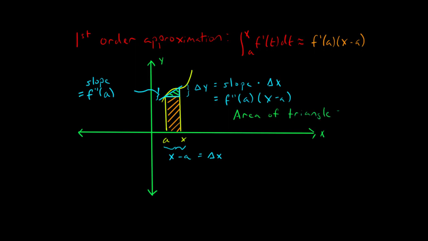And the area of this triangular region, which improves the approximation of the area of the integral when added to the area of the rectangle, equals 1/2 base times height. Again, my base is just x minus a. And my height, I just calculated, is x minus a times f double prime of a.